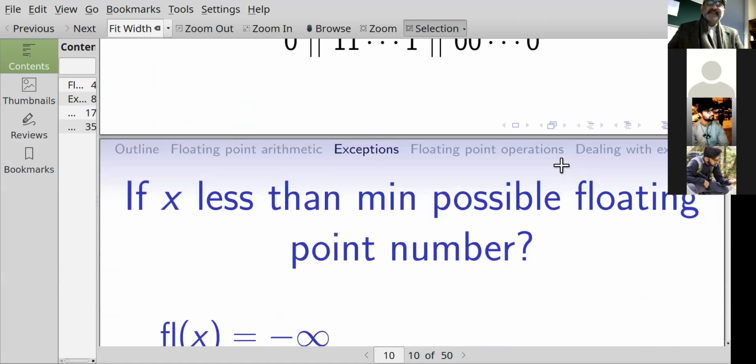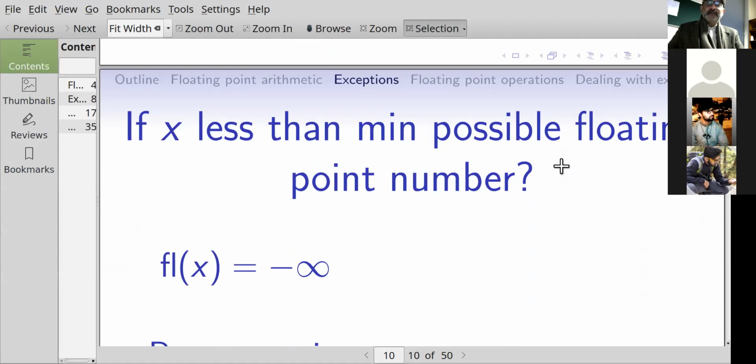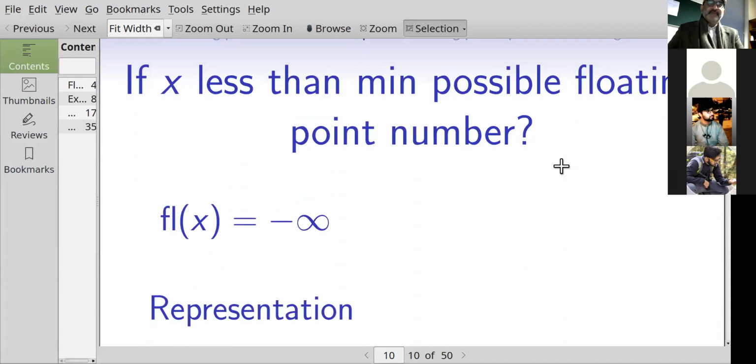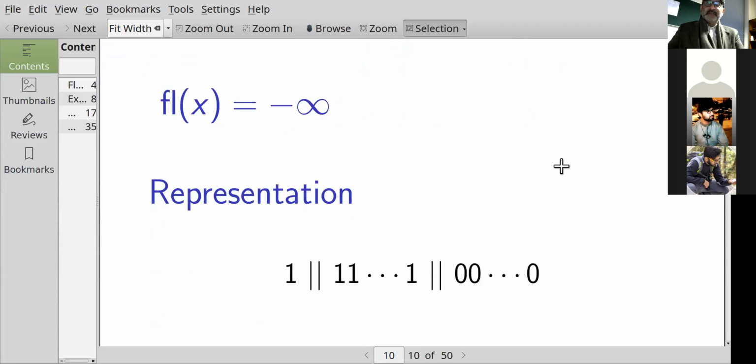What if it's less than the minimum possible floating point number? Okay, we talk about minus infinity, and its representation then is a 1 for the sign bit, all 1s in the exponent bits, and all zeros in the mantissa. I'm not trying to make you experts on the IEEE 64-bit representation. You should have an idea of how these things are done.